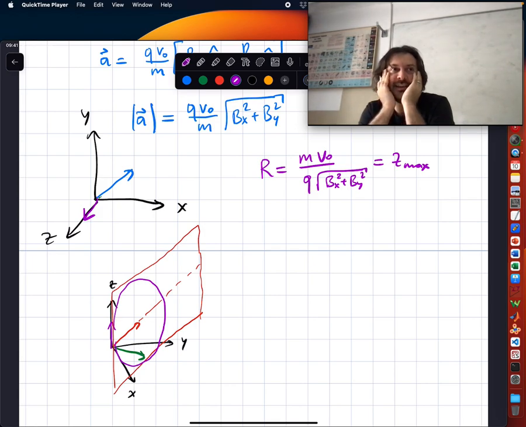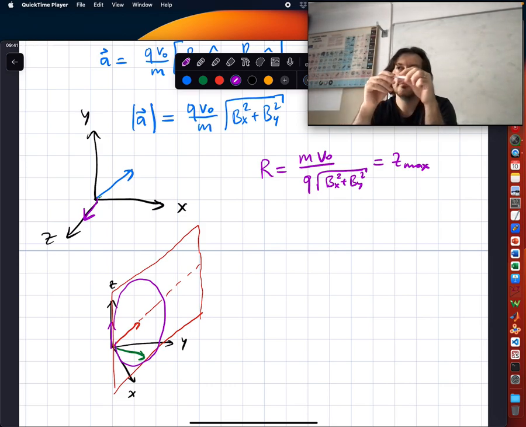Yes. What is dW over dt? It's a circular motion. Force is always perpendicular to the motion, so the power supplied by the magnetic field is 0. The work done by the magnetic field is 0.